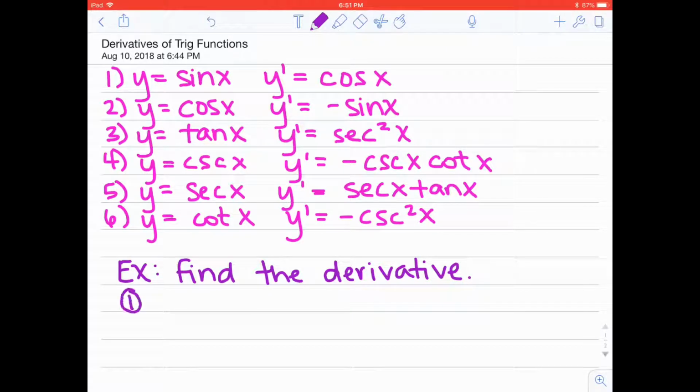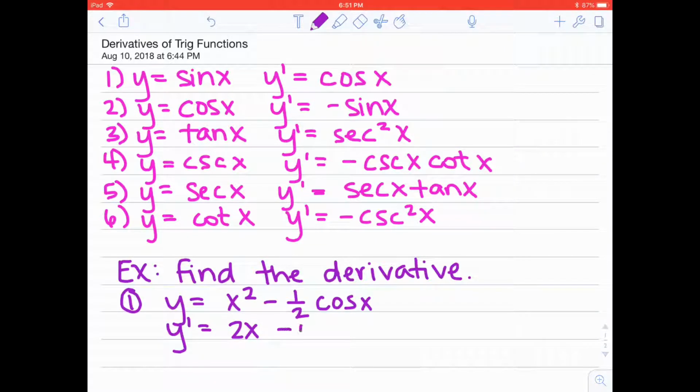So first problem we're going to do is y equals x squared minus 1/2 cos x. So when we find the derivative for this, we're going to say y prime equals, and the derivative of x squared is just 2x. And then we know when we have a coefficient for something, we keep that coefficient with the derivative.